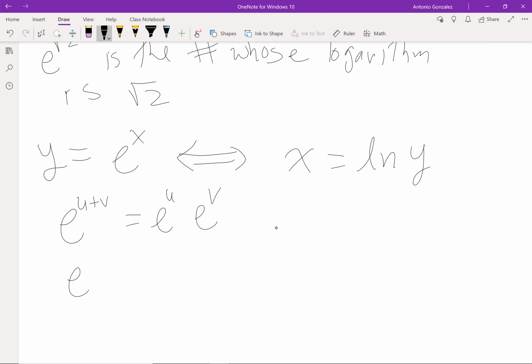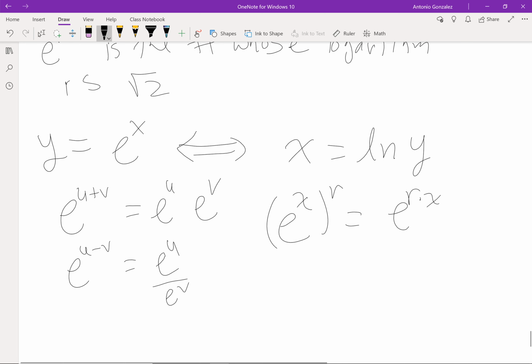It can also be shown, though we didn't do this, that e to the x to the r is e to the r times x.